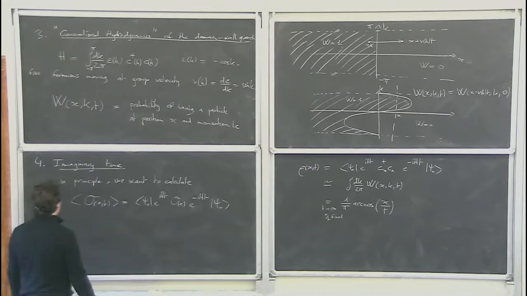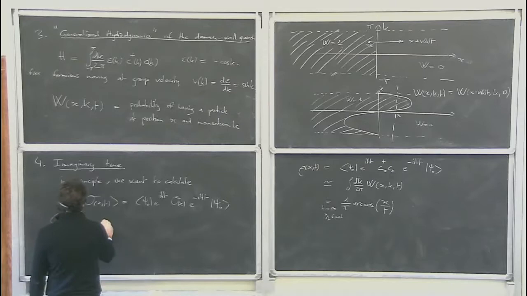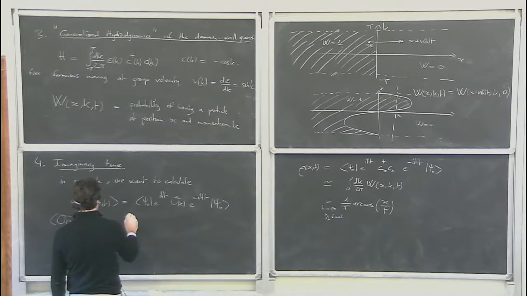But what I'm going to do instead is calculate some observable at imaginary time tau, with some parameter r. What this means is that we are going to calculate something like that.